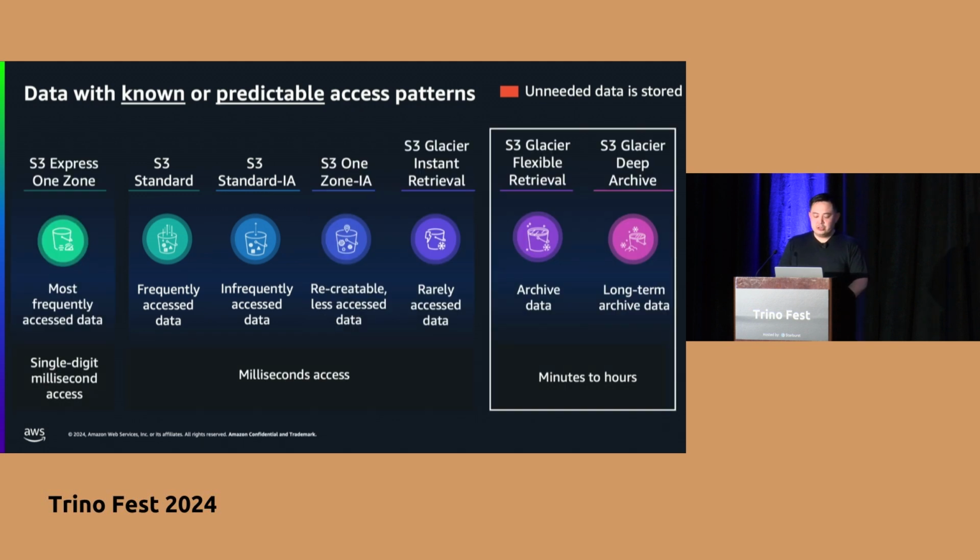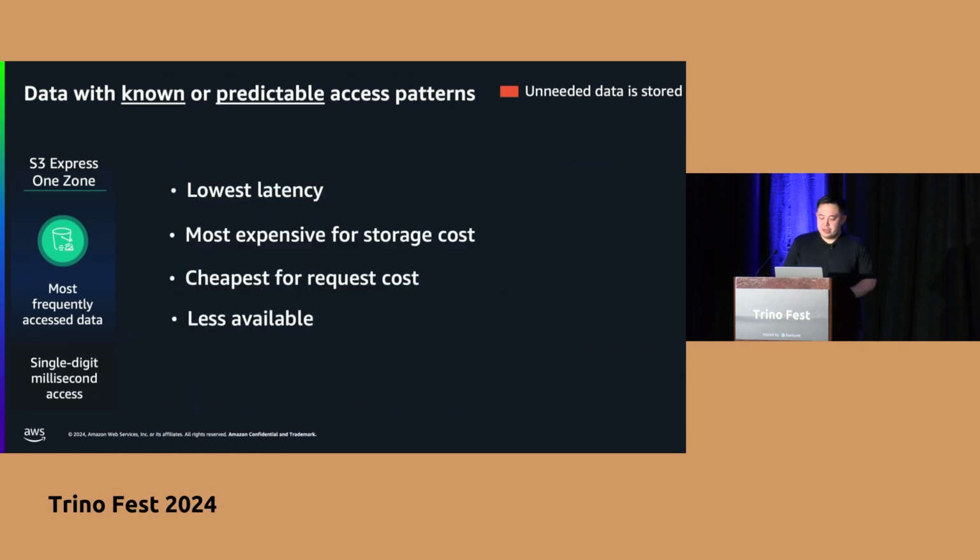And you need to know that in the case of S3 Glacier Flexible Retrieval and S3 Glacier Deep Archive, you cannot directly access objects. You have to restore the data when you read the objects. And when you query a table with the lowest latency, you can consider S3 Express One Zone, which was newly introduced last year.